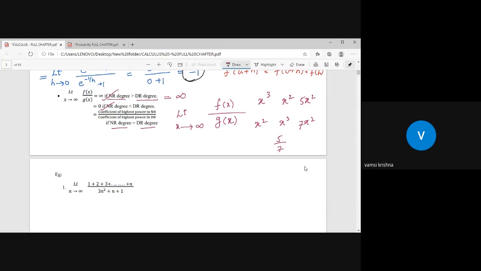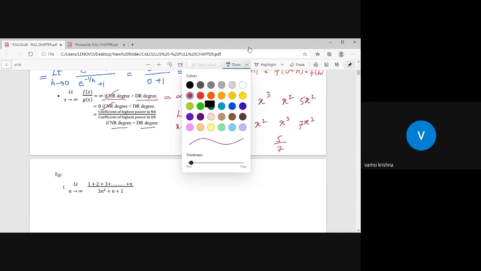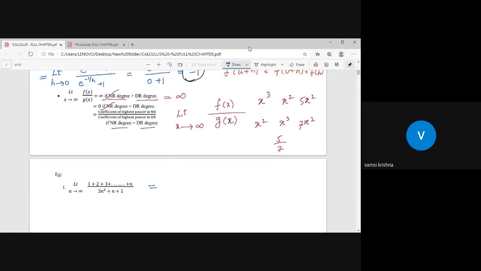See this question. This is my first question. Limit n tends to infinite. In the numerator, I have 1 plus 2 plus 3 plus so on plus n, sum of first n natural numbers, n into n plus 1 by 2. Denominator, I have 3n square plus n plus 1.